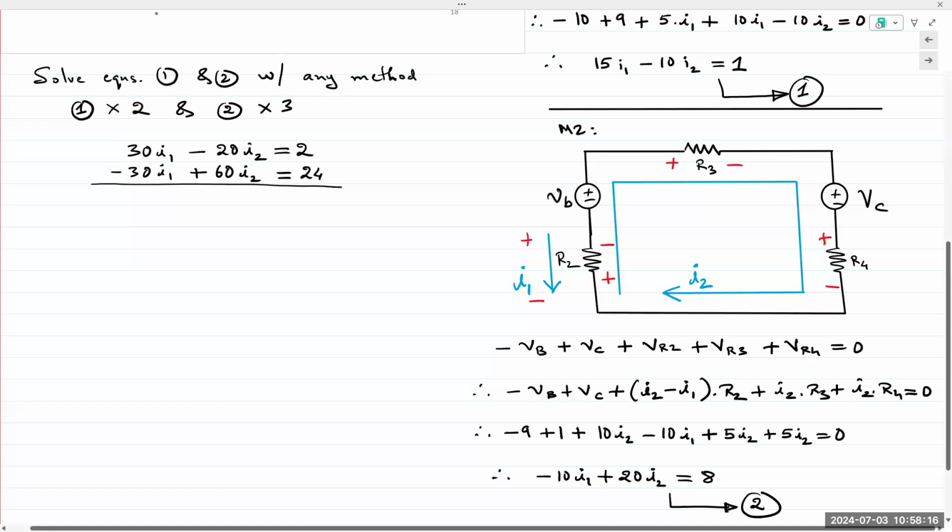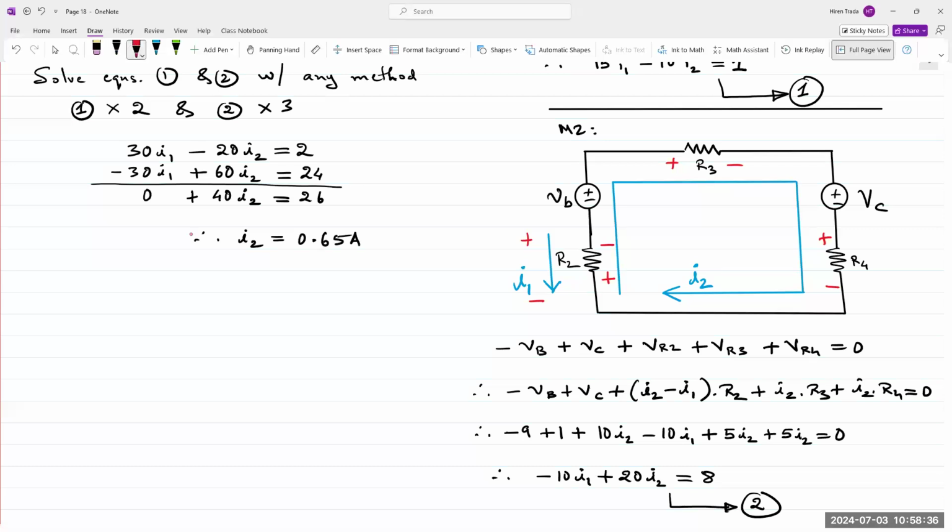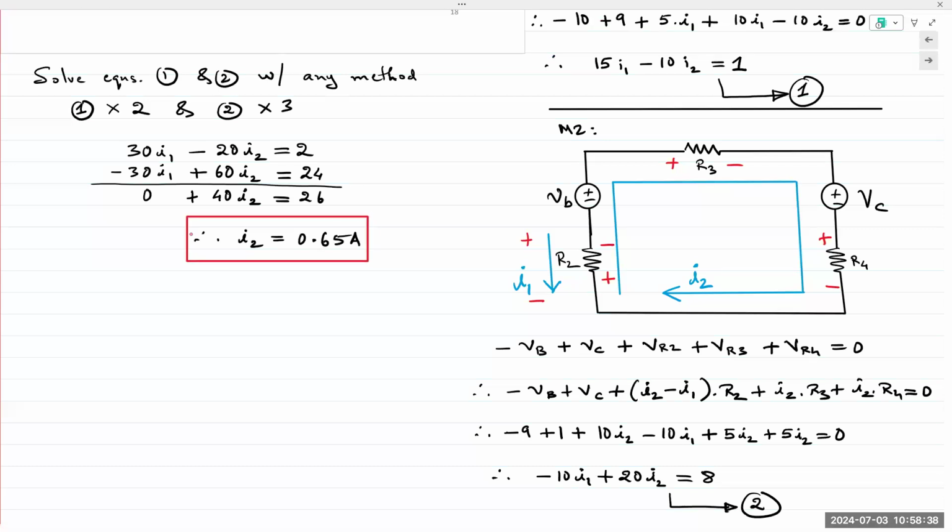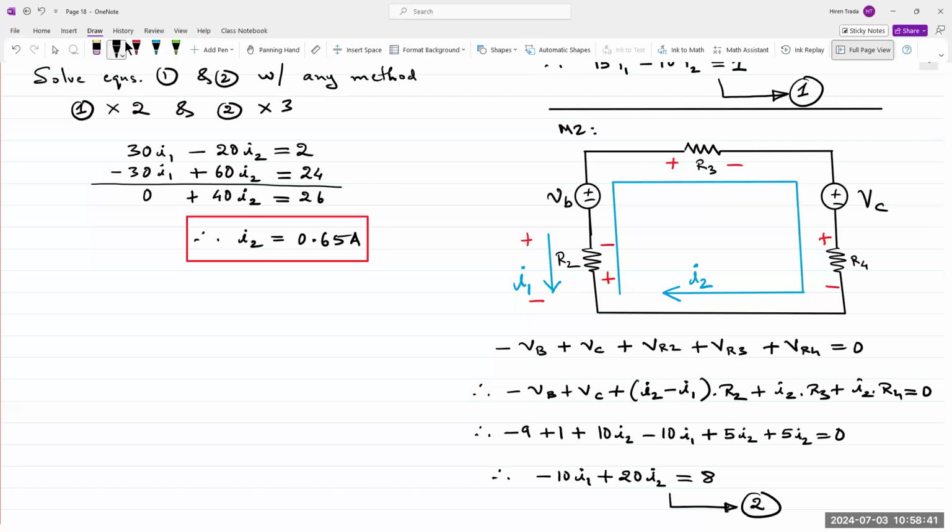Add these two together and you obtain 0 plus 40 times I2 is equal to 26. Therefore, I2 is 0.65 amps. And you plug this into any other equation. Let's see, I plug this into 30 times I1 minus 20 I2.